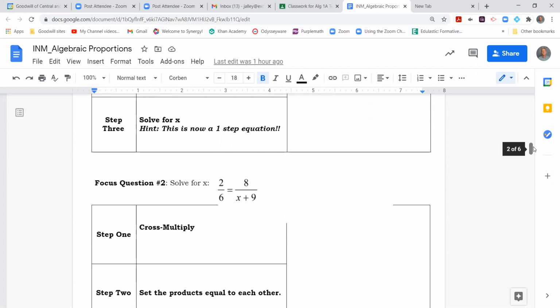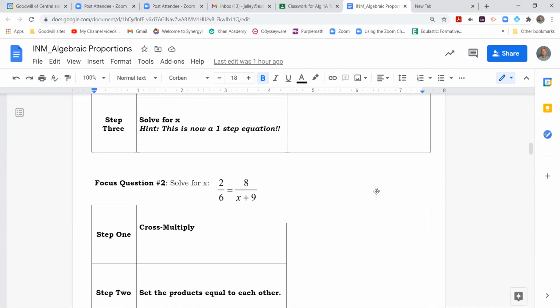But if we get to this next question, focus question number 2, not quite so easy. The process is still the same. Still cross multiply, make the products equal to each other.